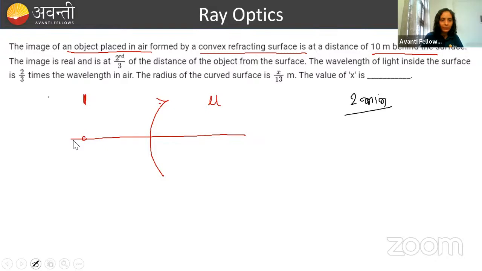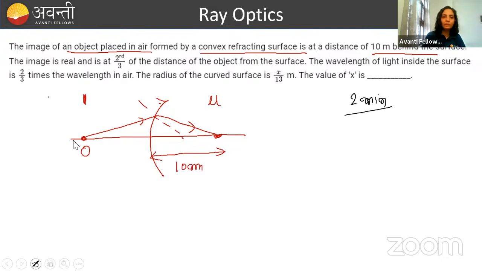Now the object is kept in air. And the image is getting formed 10 meter behind the surface, somewhere here. Its distance is given as 10 meter.